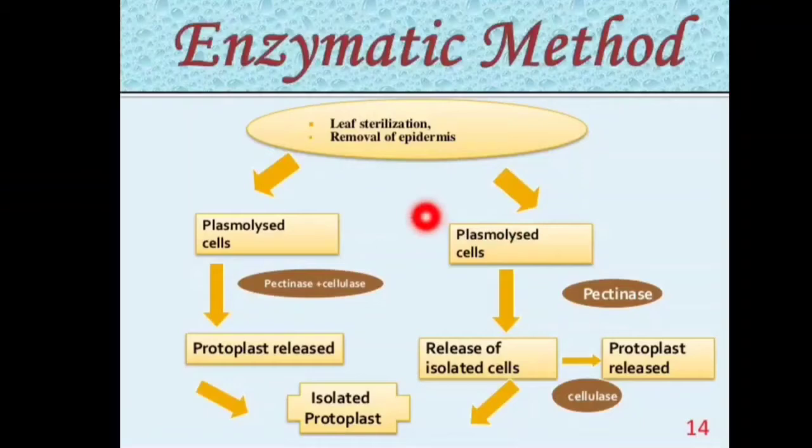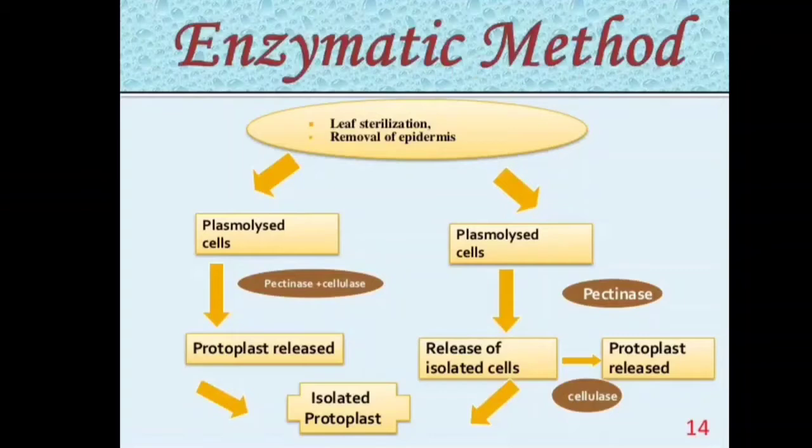The enzymes used for cell wall degradation, meaning lowering its state, are cellulase, hemicellulase and pectinase. The enzymatic treatment can mainly be done in two ways.